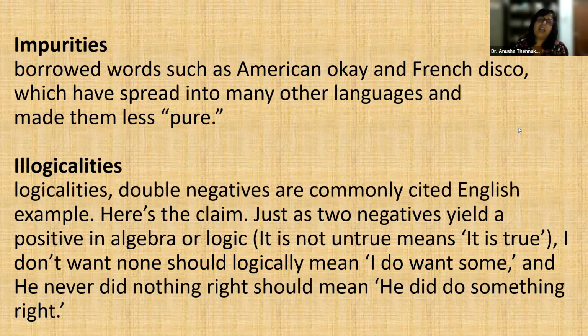I don't want none should logically mean I do want some. Okay, double negative, can you understand? When we talk in English, sometimes we use double negatives. Actually, it's illogical. Why should we use double negatives when we can use the affirmative form? Okay, did you get the idea? Illogicalities.